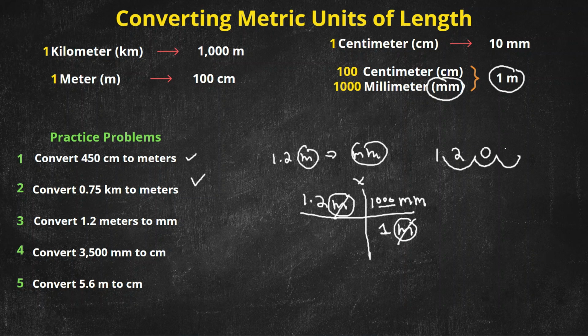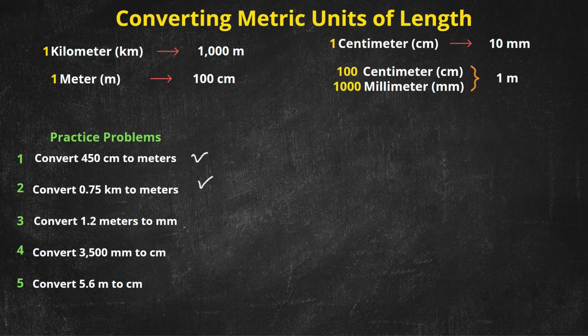Add your zeros over here and you will have your final answer as 1200 millimeters. So 1.2 meters is equal to 1200 millimeters. Problem number 3 has been converted. Let's move on to problem number 4.